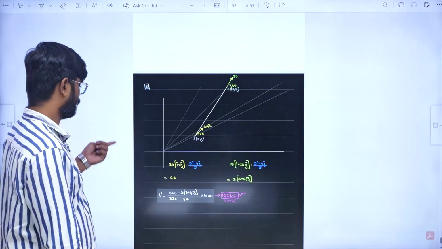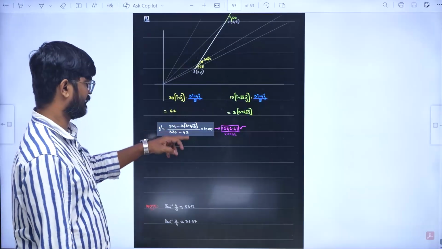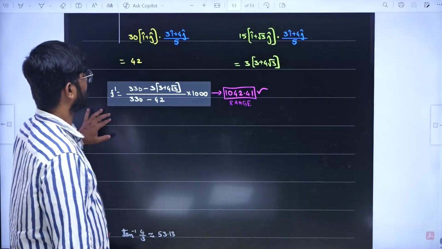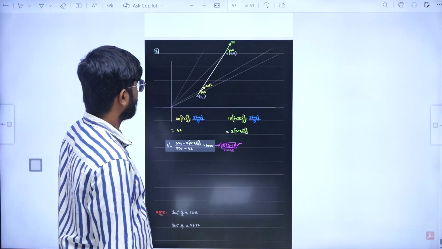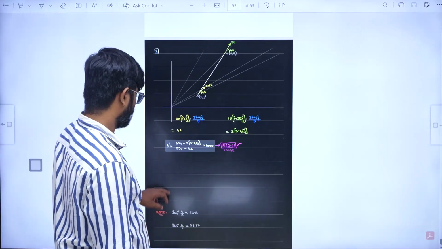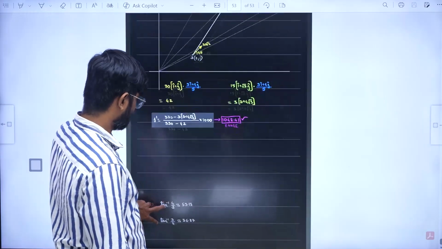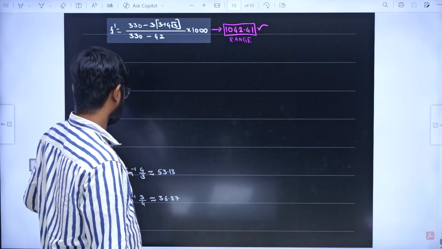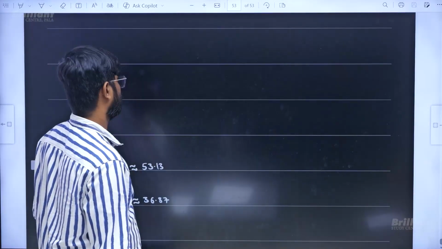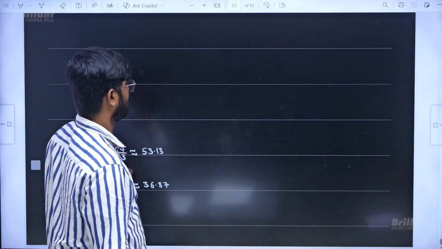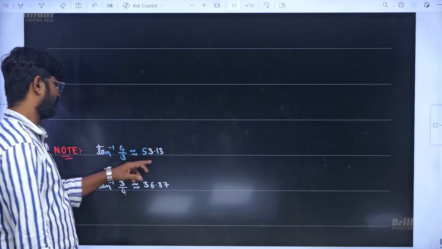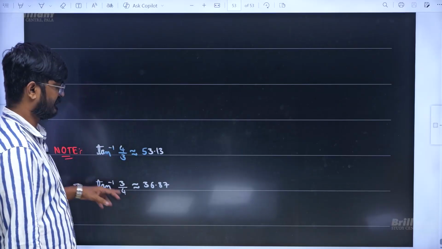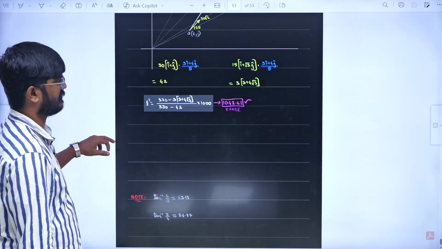Then you can use Doppler's effect, then you will be getting the apparent frequency. Now, those who are using tan 53 is 4 by 3, tan 37 is 3 by 4, you may get a slightly off answer, maybe they could have given a correction for range. They were not exactly 53 and 37, but we will be roughly using them, right. Thank you.